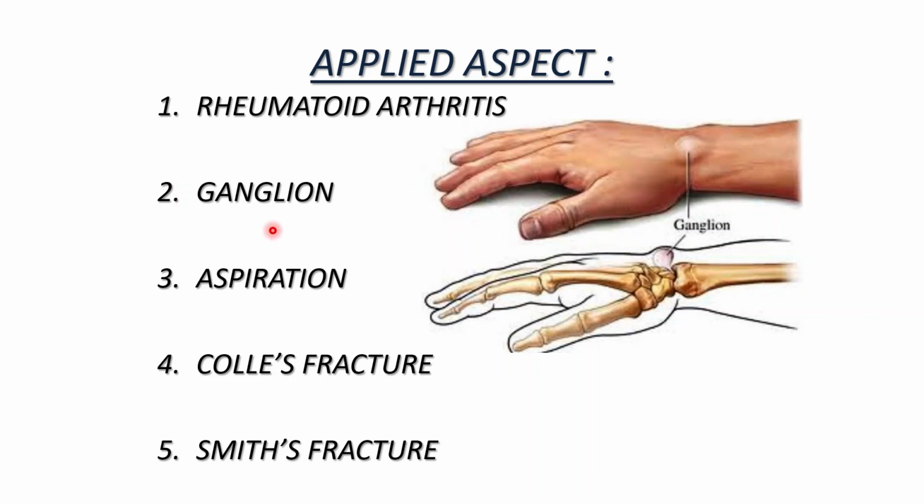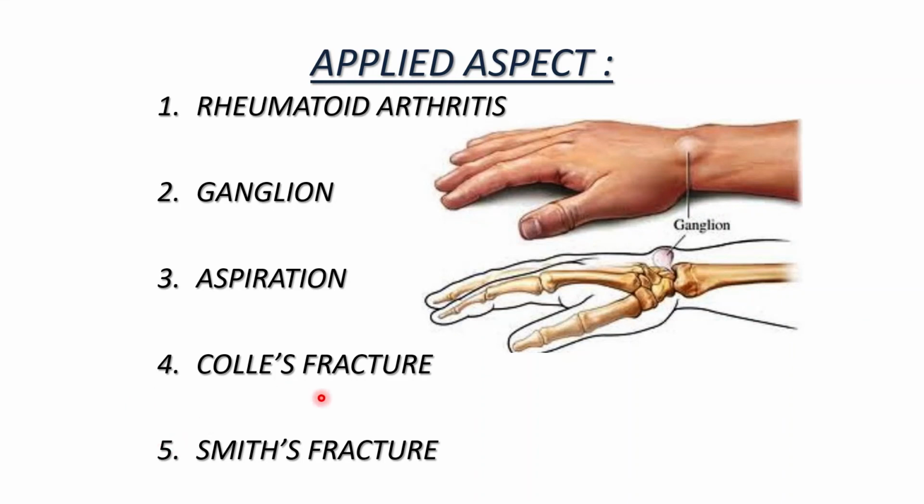So, it is seen as a cystic swelling on the dorsum of the wrist. The wrist joint can be aspirated from the posterior surface between the tendons of the extensor pollicis longus and the tendons of the extensor digitorum.